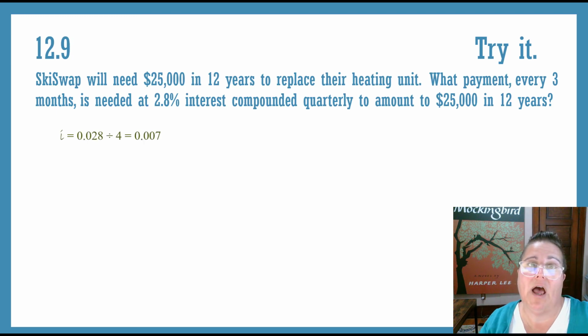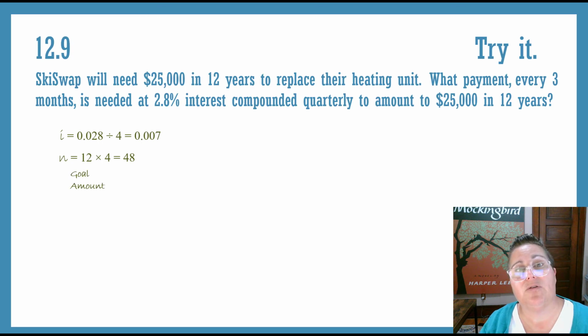We know they have a goal amount of $25,000. So we're going to find our I. That's the 0.028 divided by 4, or 0.007. Keeping in mind to convert your percent to a decimal, right? Then what we have here is 12 years, 4 times a year. That's 48 total compounds. The goal amount is the $25,000.